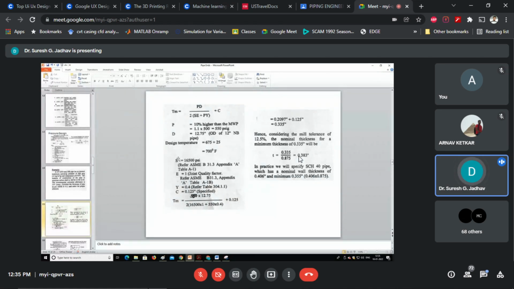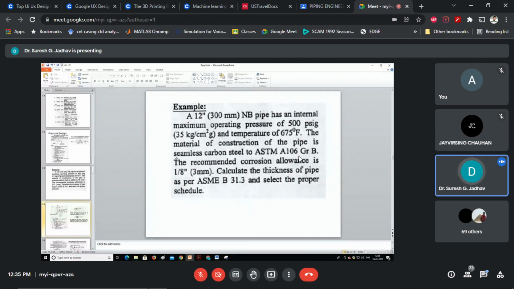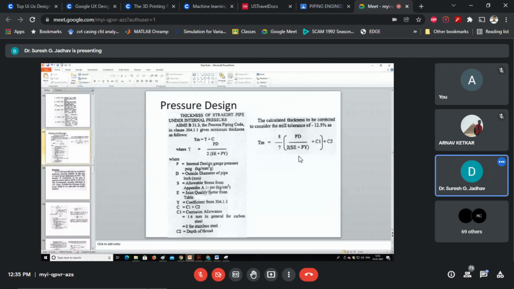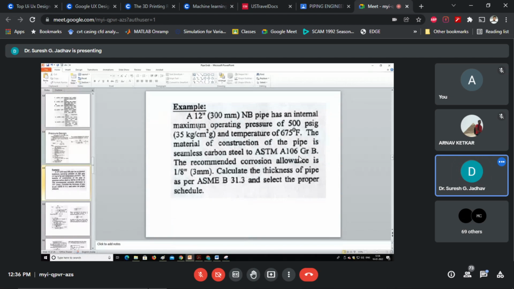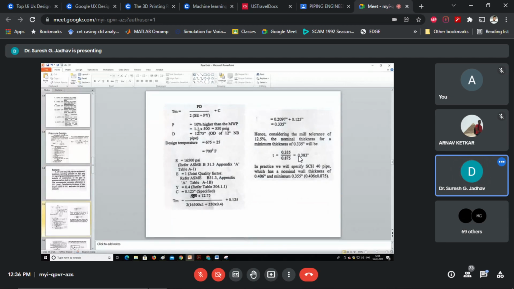And S is the allowable stress from Appendix A1, the design data book given under ASME B31.3. Therefore, we consider a stress of 16,500 pounds per square inch, that is PSI.